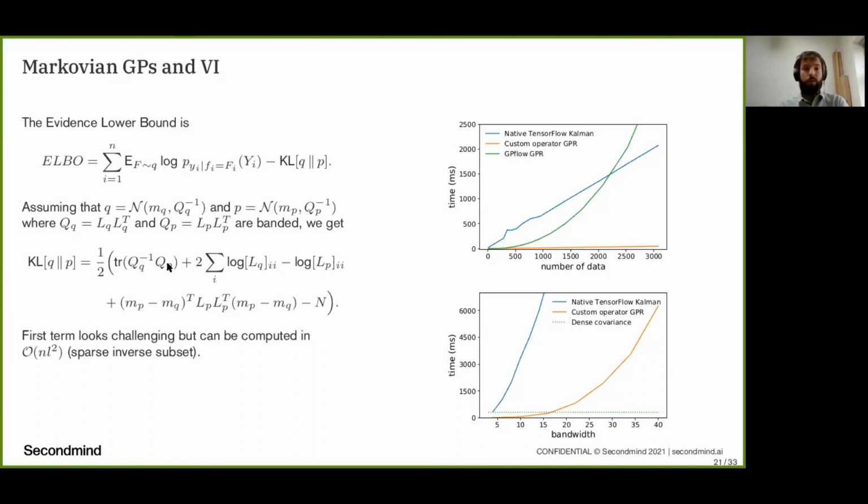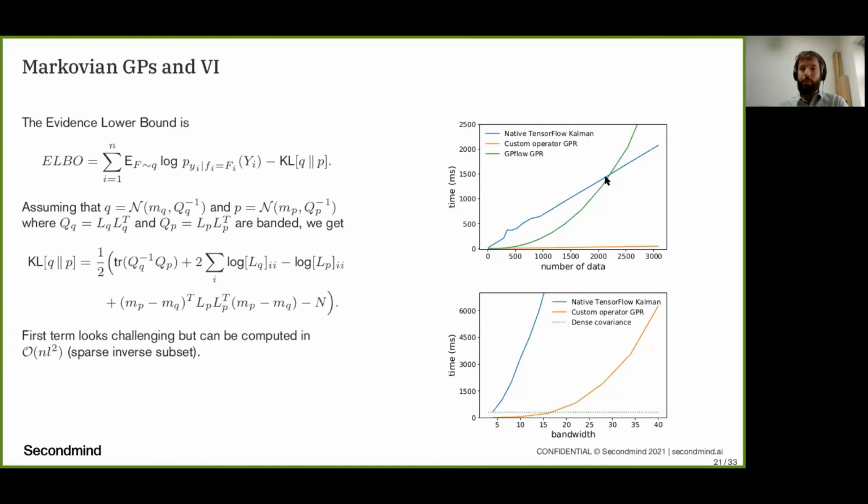And if you look at the resulting time for making a call to the ELBO or to the likelihood, we end up with something that is linear. On this graph, we compare a classic GPflow model where you need to invert the matrix, and this scales cubically.